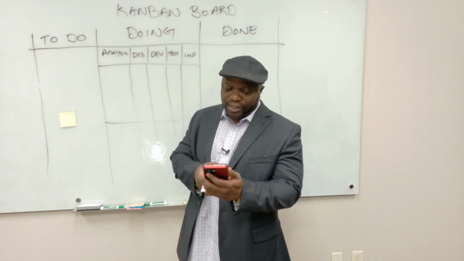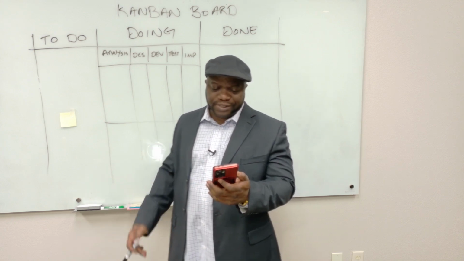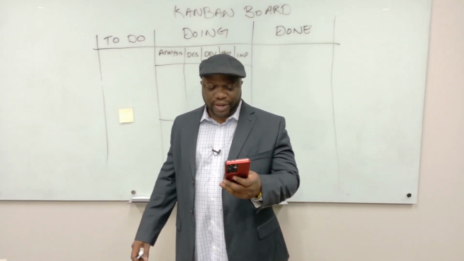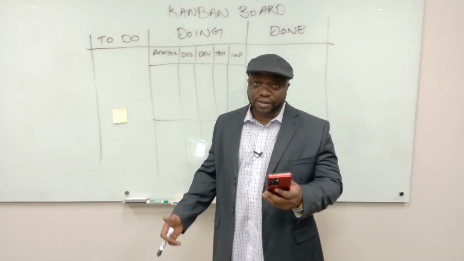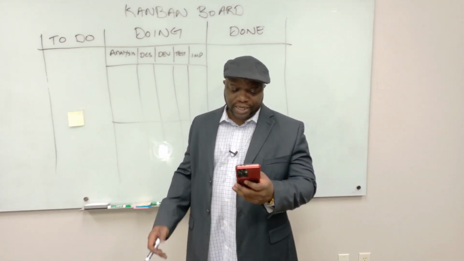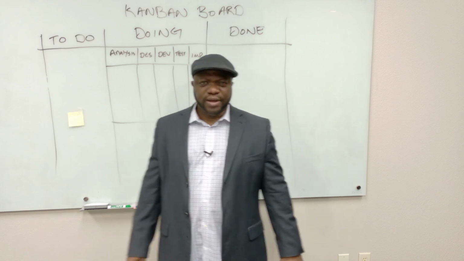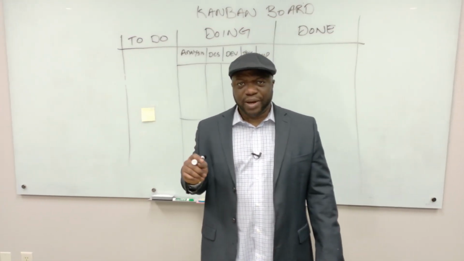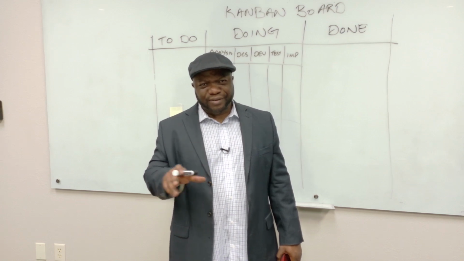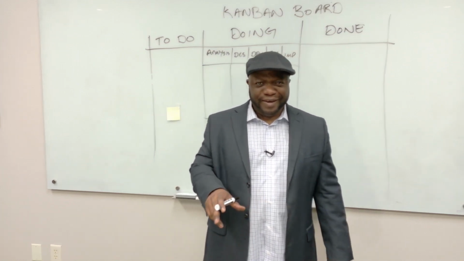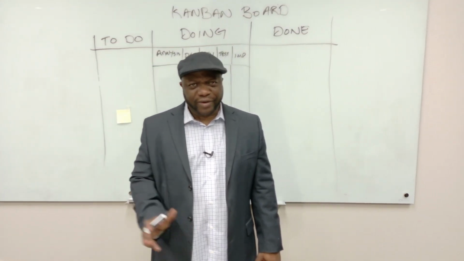So Kanban is a visual workflow management system originally used in manufacturing but now widely adopted in software development and other fields that helps teams visualize and manage their work. If you want to go more into this world of Kanban, look for my book King Kanban. It's a rather colorful story about a king in a place called Kanban, and he's the king of Kanban.